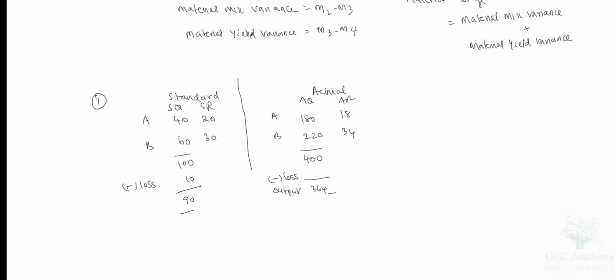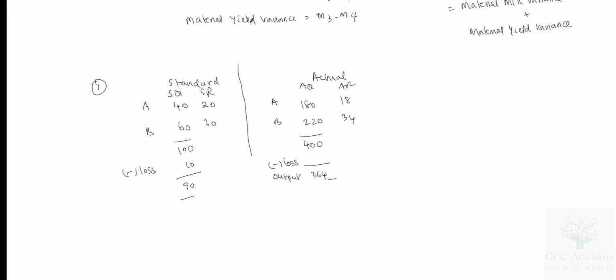So carefully understand, students. Now standard rate and standard quantity is given to us for A, that is, the mixed proportion is given 40-60. You can take it mathematically as 40 and 60 for actual quantity. Now I said we have to apply the steps. M1 is equal to, you write along with the description, actual cost of material used. So there are two materials here.